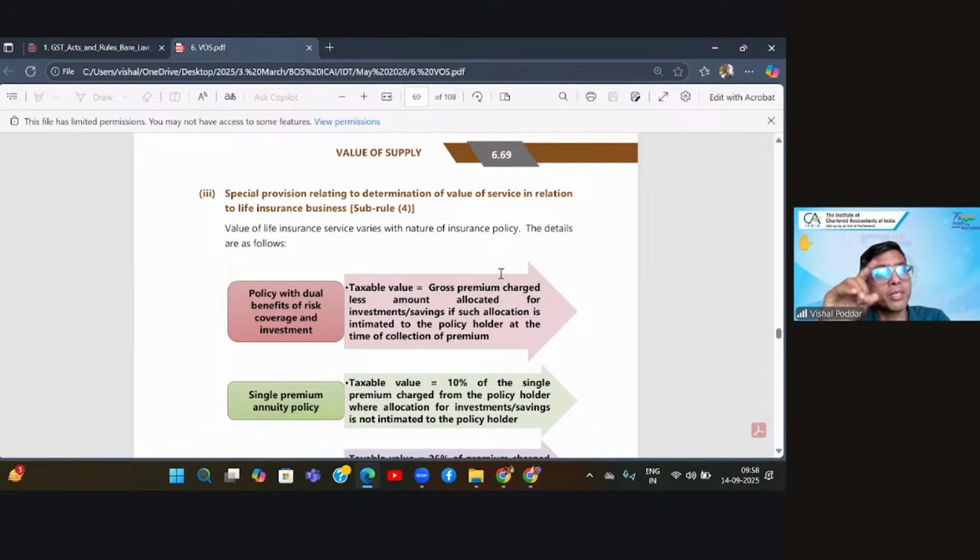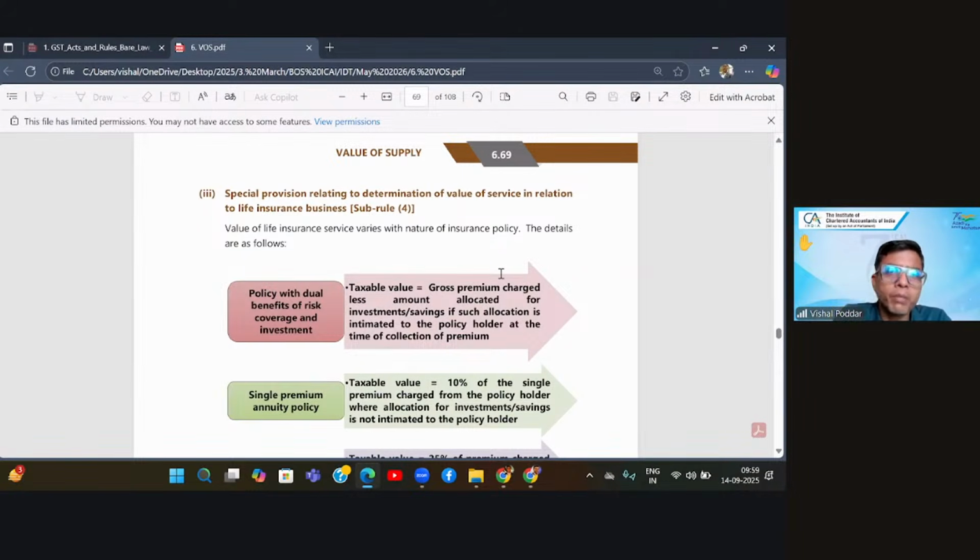The remaining 3.5 lakhs they invest in some bonds, government securities, etc. Why is the insurance company investing? Because the insurance company has to repay me 1 crore if nothing happens. So out of this 4 lakhs, only 50,000 is going towards my insurance and 3.5 lakhs is going towards investment. That is why, in case of an endowment policy, the entire premium is not considered as the taxable service, because out of the premium, only a small part is the portion for insurance.